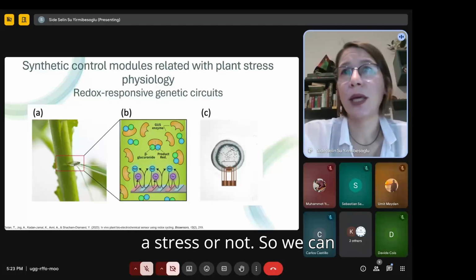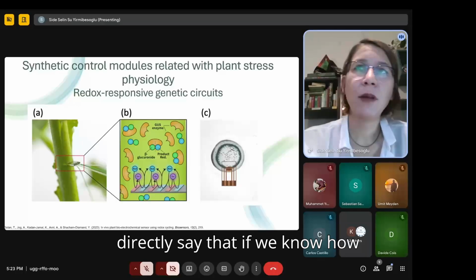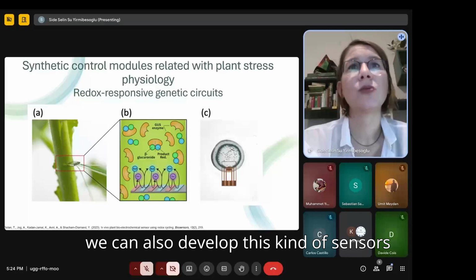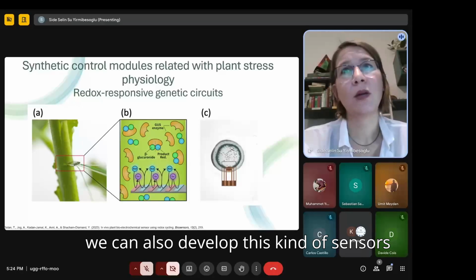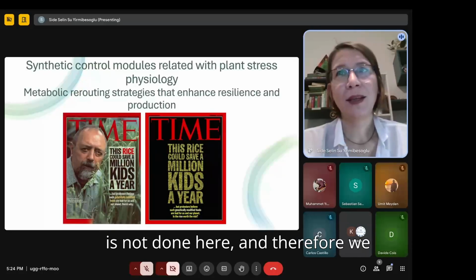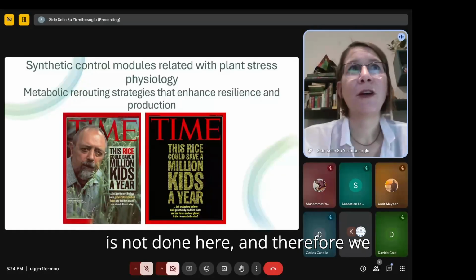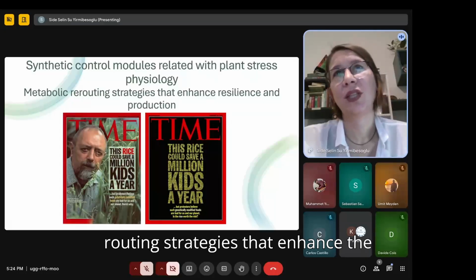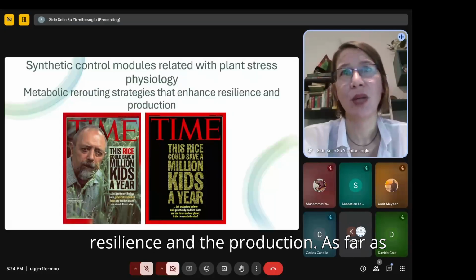So we can directly say that if we know how these molecular methods are used, we can also develop this kind of sensors as well. But the story does not end here, and therefore we have to mention metabolic routing strategies that enhance resilience and production.